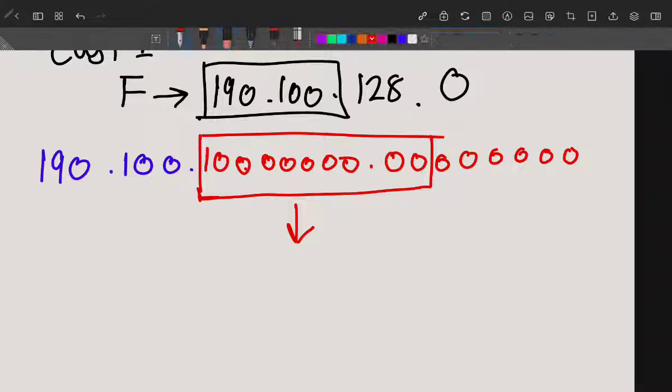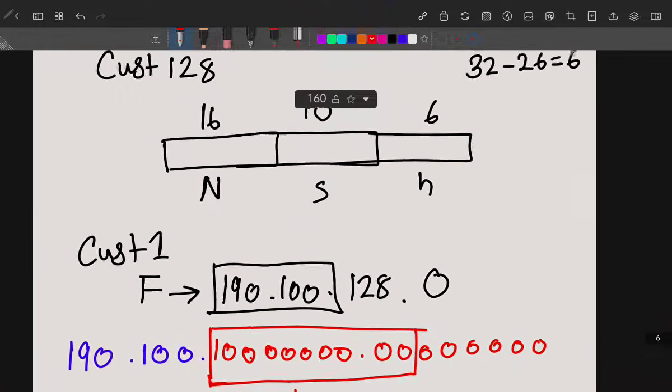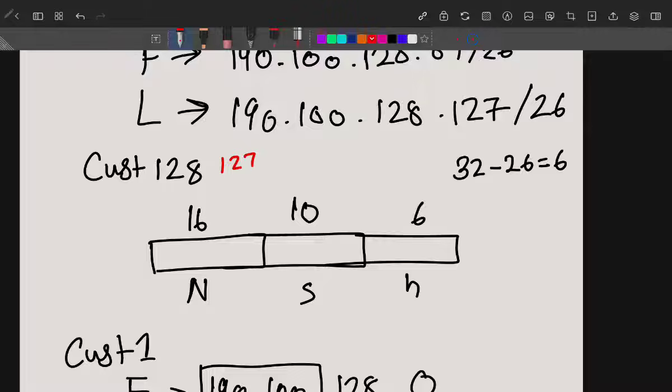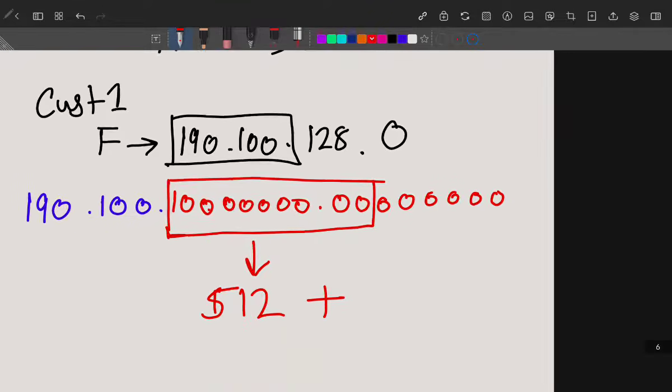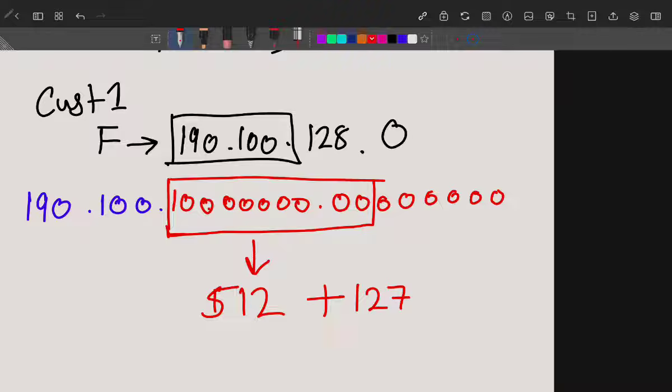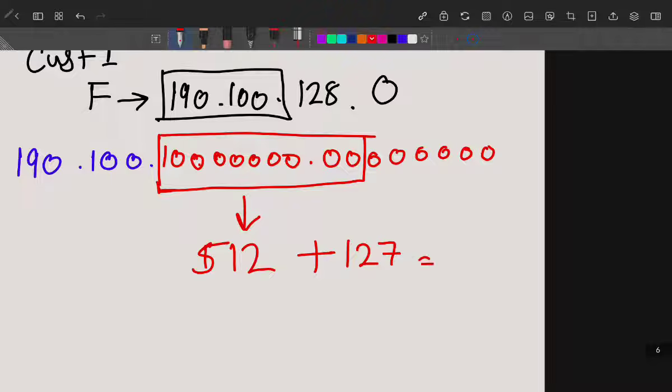In this case, this number is 10 bits. So if you convert it to decimal, you get 512. Now 512, how many subnets do we need to jump? We need to jump 127 subnets. So plus 127 subnets would be equal to 639.